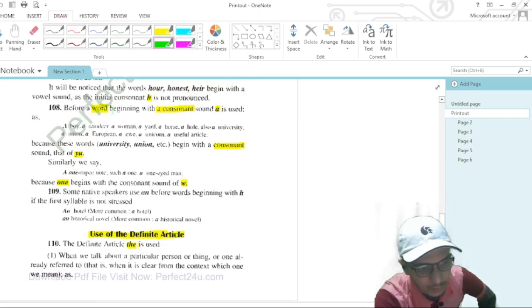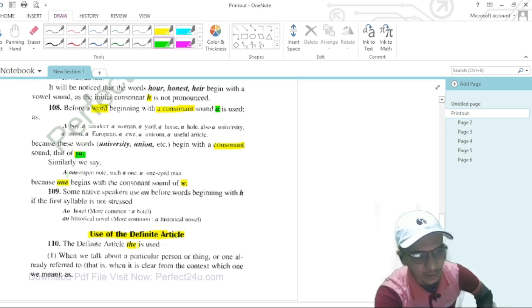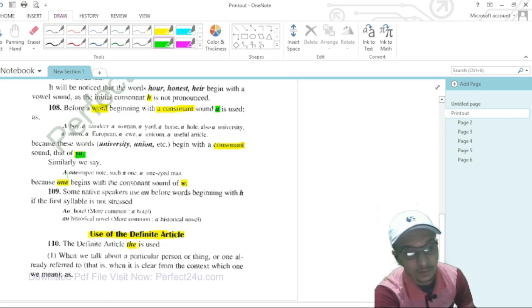Before a word beginning with a consonant sound, a is used, as a boy, a woman, a yard, a horse, a hole, also a university, a union. Because these words, university and union etc., begin with a consonant sound, that of yu, that is why we use a, not an.